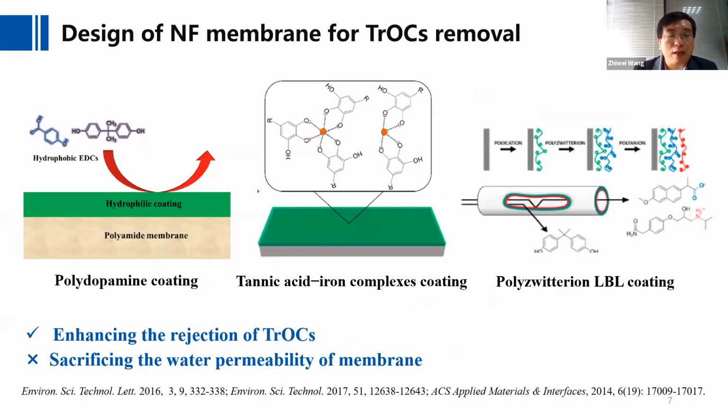So we need to develop methods to modify the nanofiltration membranes for enhancing the removal of trace organic contaminants. In the literature, there have been several methods to further enhance the rejection of trace organic contaminants, such as polydopamine coating, tannic acid-iron coating, and polyelectrolyte layer-by-layer coating and so on.